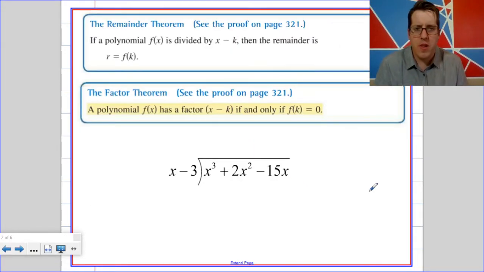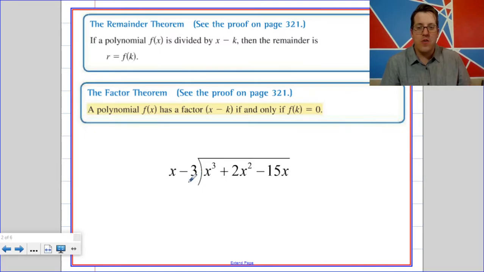So that was an example of the remainder theorem. The remainder theorem says that if you do long division and get a remainder, that's the same thing as plugging in that value to the original dividend. Now, I used a bit of unclear words there, so I want to make sure that it's clear what I'm talking about.